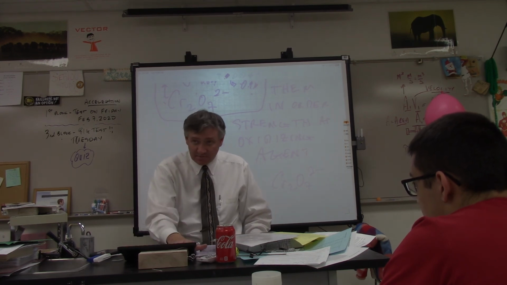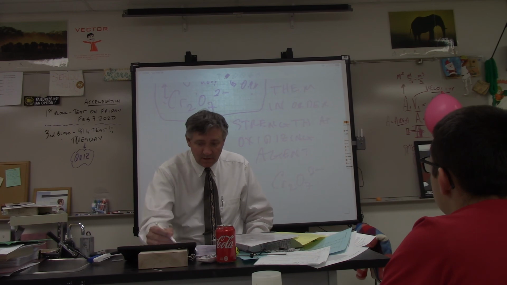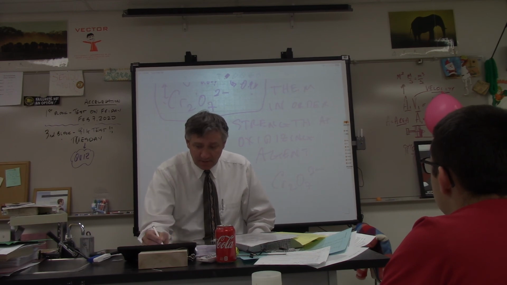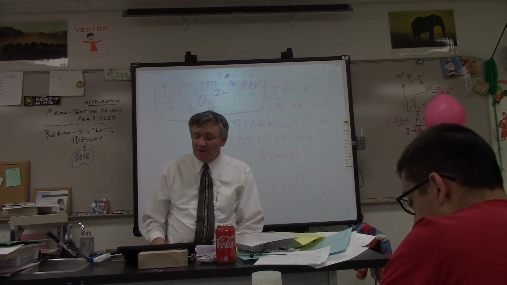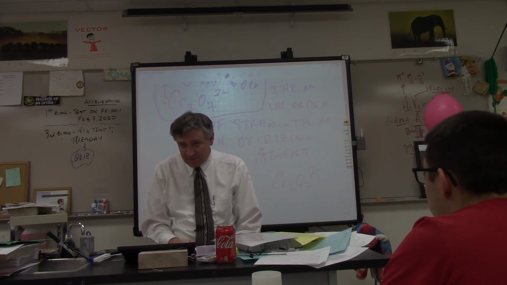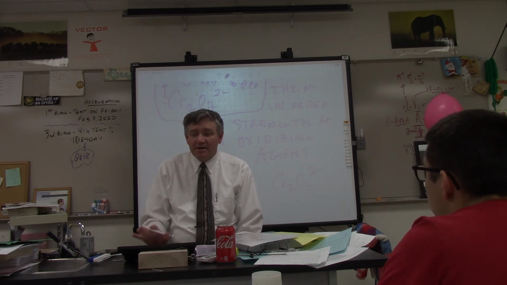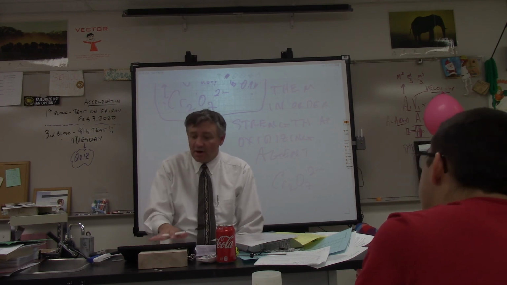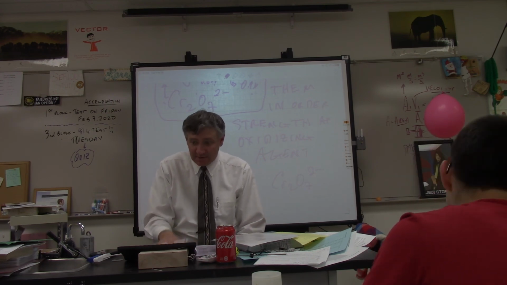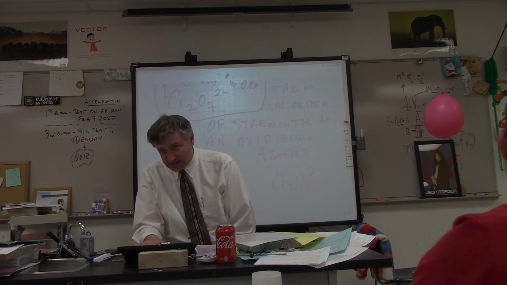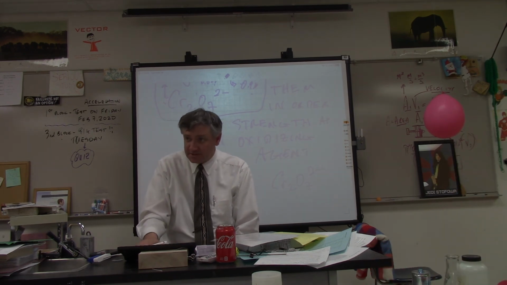So what's going to be the first one? The silver. Now, here's one of the things that you have to pay attention to. Are you talking about silver or are you talking about silver ions? Because they're completely different. Silver ions are a relatively good oxidizing agent because they're willing to take in electrons.